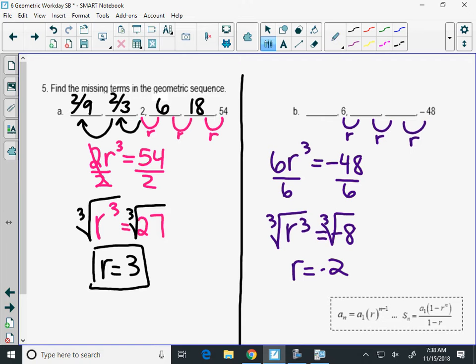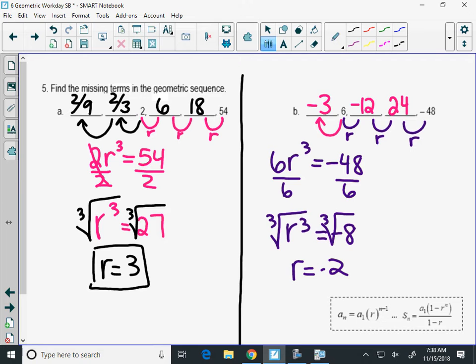So I know that my common ratio is negative 2, which means to fill in these blanks, I have to take 6 times negative 2, which is negative 12. Negative 12 times negative 2 is positive 24. And that works out because positive 24 times negative 2 is negative 48. To go backwards, I have to divide by our common ratio of negative 2, which is negative 3.